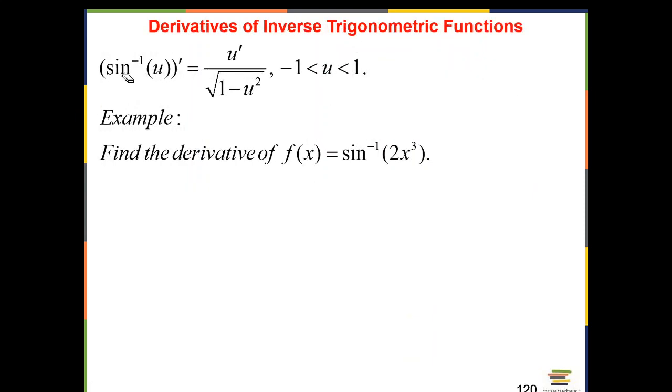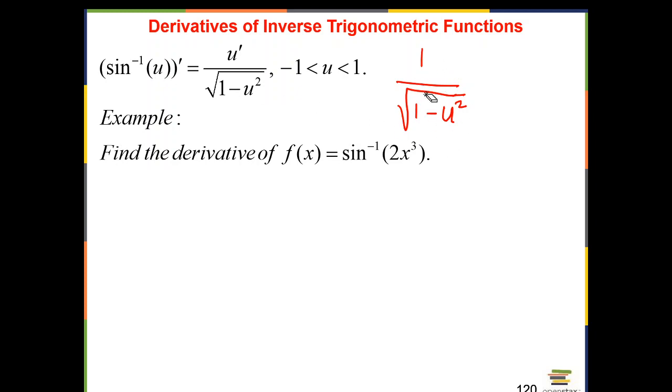So the derivative of sine inverse of something is going to be 1 over the square root of 1 minus something squared. Now instead of x, we put u there, because the argument of sine inverse could be another function. It doesn't have to be x, it could be anything else. But we know the chain rule.